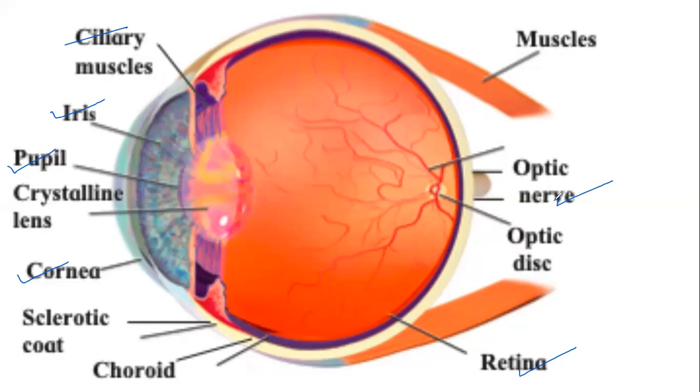Once again, cornea, iris, pupil, lens, ciliary muscles, retina, and optic nerve. Please mark this in your textbooks on page number 87. Put a tick mark using a pencil. These are the things you must show if you have to draw this diagram.